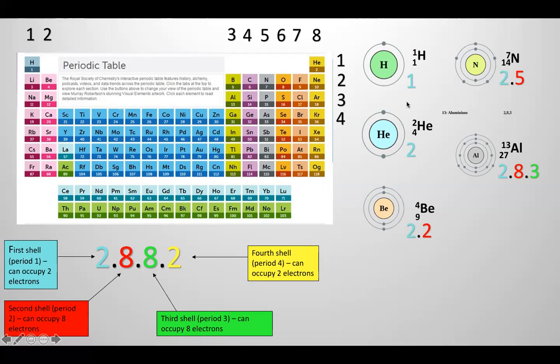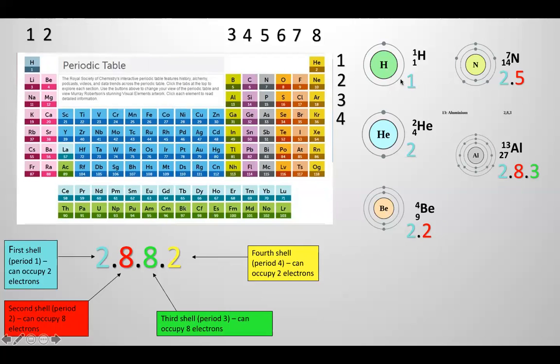So if you look at the final number within the electron configuration, that's what we call this, the electron configuration. So it's just telling you where the electrons go, okay? So that's what we're talking about here.